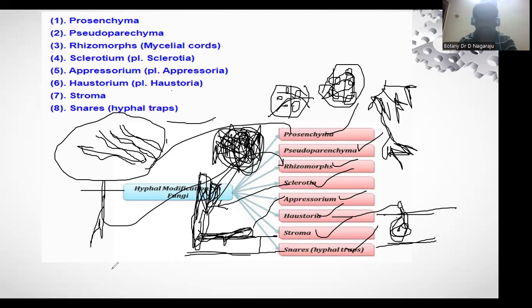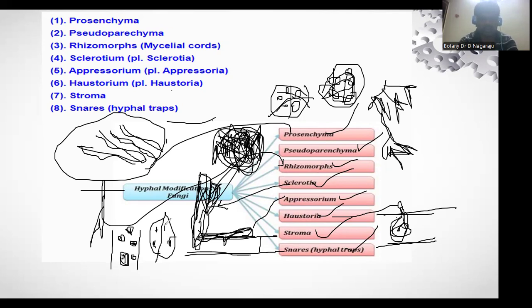Okay, and where we have stopped. The next is stroma. These are black sprouts, black bubbles, black button-like structures which come out from the host tissues. You might have seen black swollen spots upon the bark or leaf. Have you ever seen them?